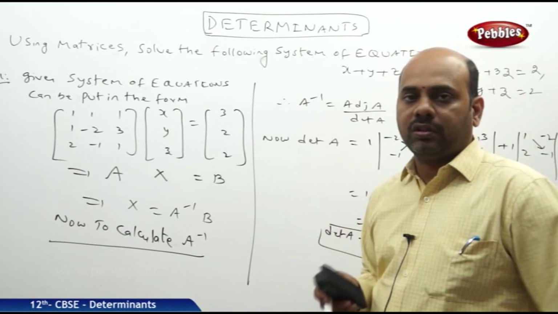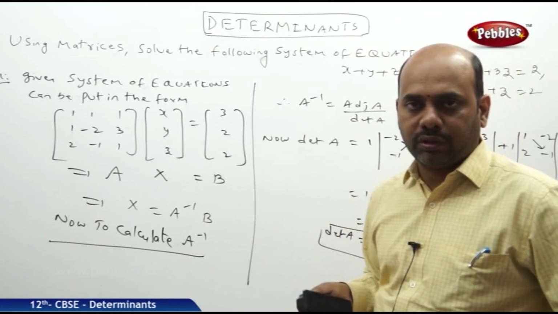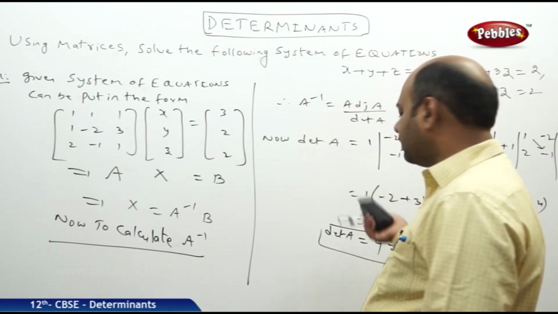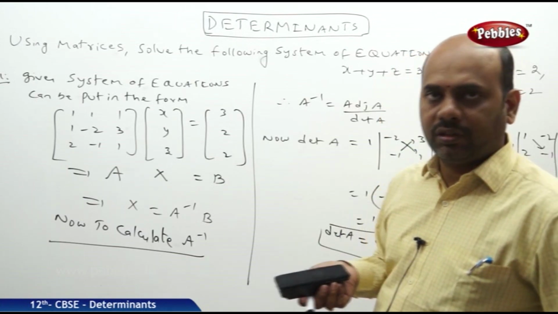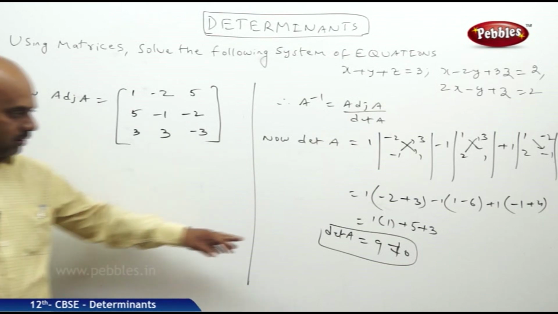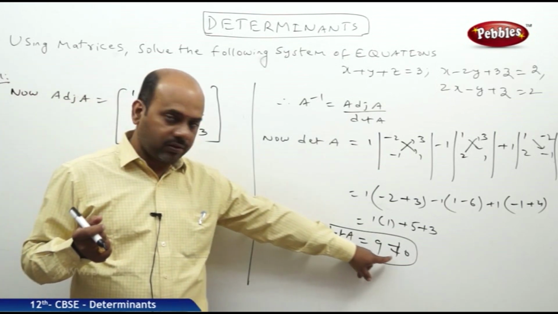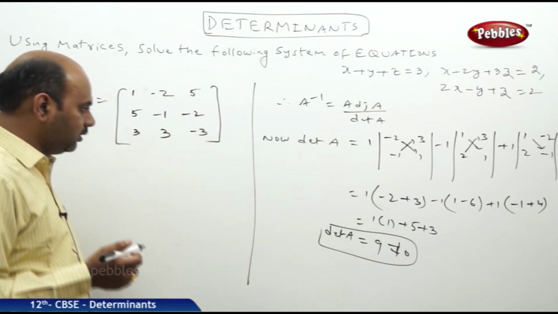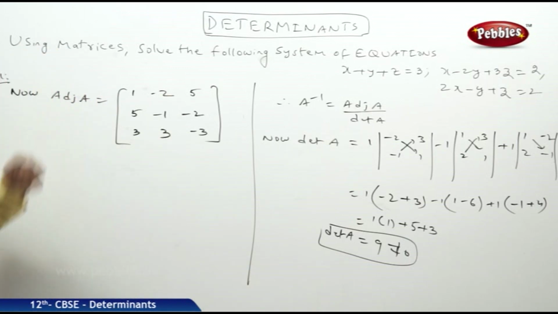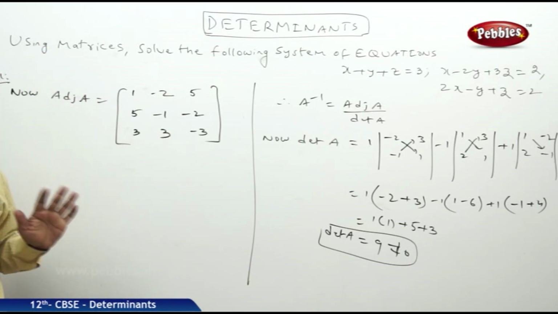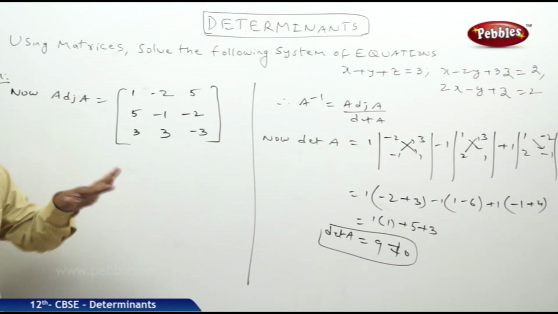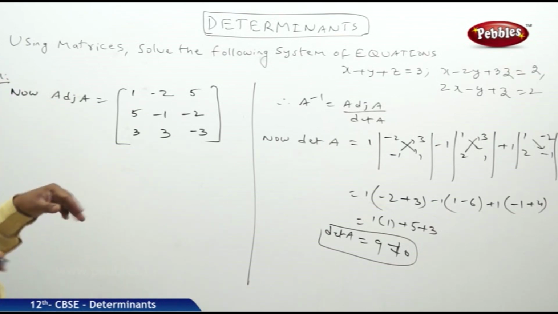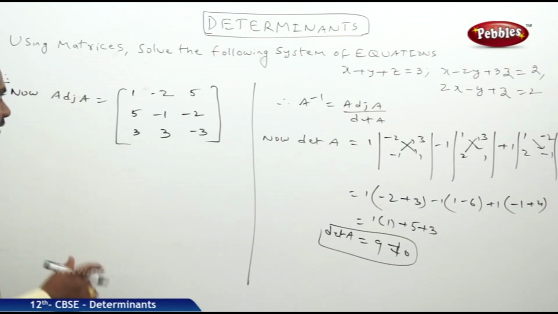Those things we have discussed, and we have done 2 to 3 problems. So directly here I will be writing out adjoint A. Now see here, we have finished det A. Det A is equal to 9, which is not equal to 0. And now I have found adjoint A. I have done my calculations, because in most of the classes I told about adjoint A, how to find it. So adjoint A we obtain like this.